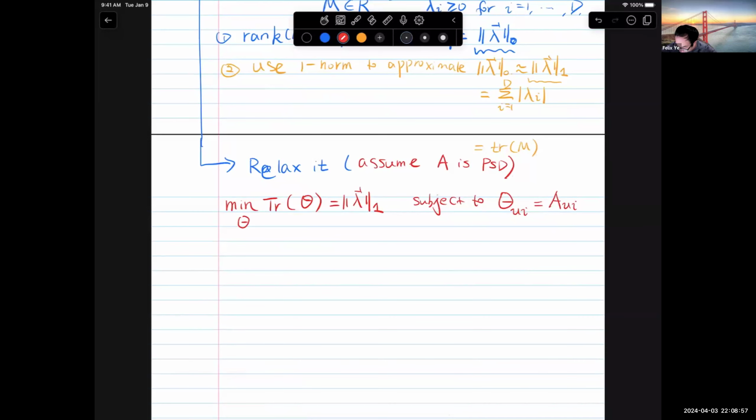Also we need to assume A is a positive semi-definite matrix, and my theta is also a positive semi-definite matrix, bigger or equal than 0. This notation means the matrix is positive semi-definite, for u and i in omega.